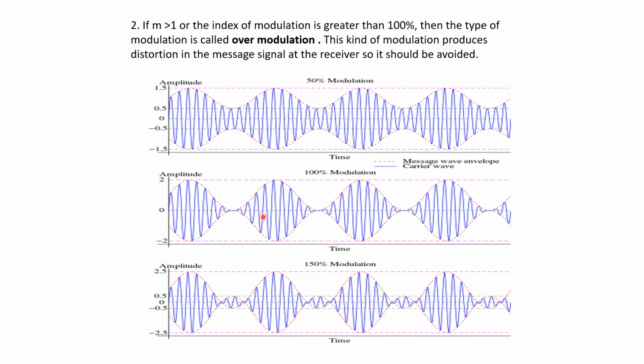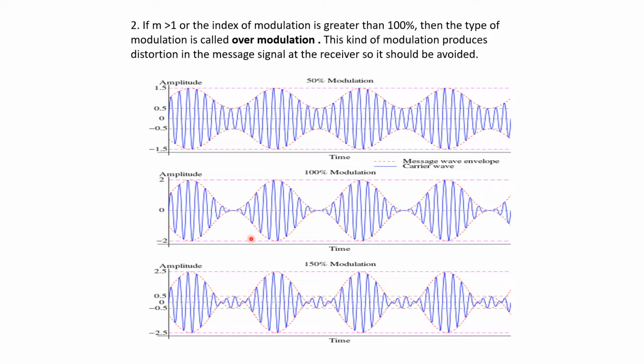The second case is, in the second figure, you can see that the lowest point of the modulating signal is touching the negative peak of the envelope on the negative side. It means that the amplitude of the modulating signal is just equal to the amplitude of carrier signal. Therefore, when it is coming downside, it will touch the peak of the envelope on the negative side.